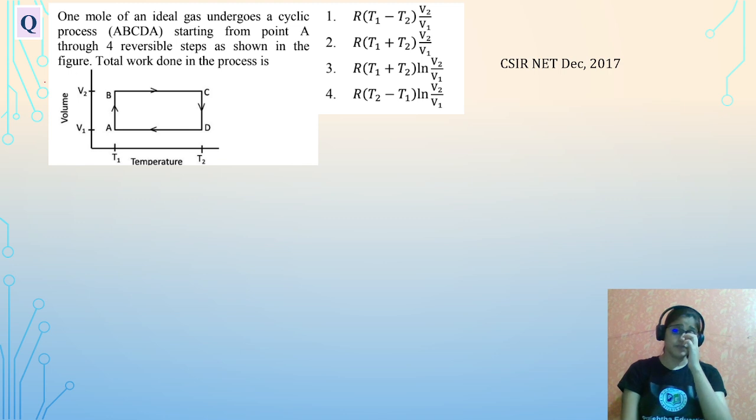Now coming to some questions. One mole of ideal gas is undergoing the cyclic process ABCDA starting from point A through 4 reversible steps as drawn in the figure. Total work done in the process.